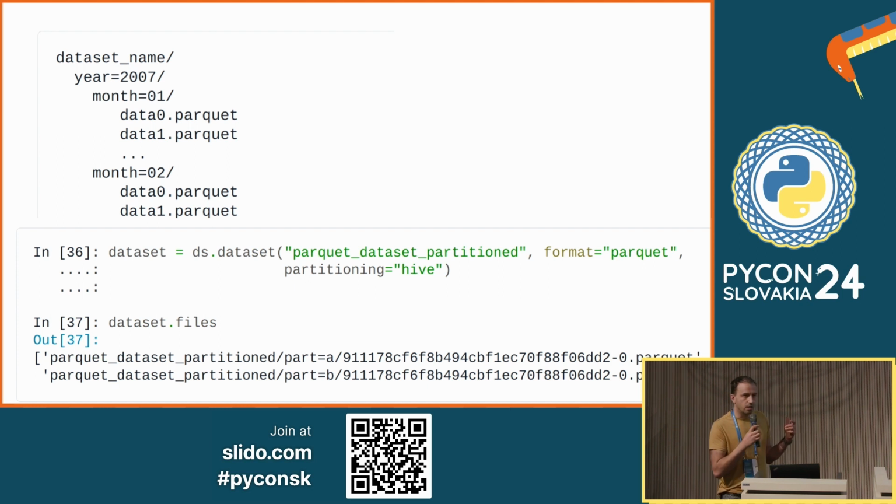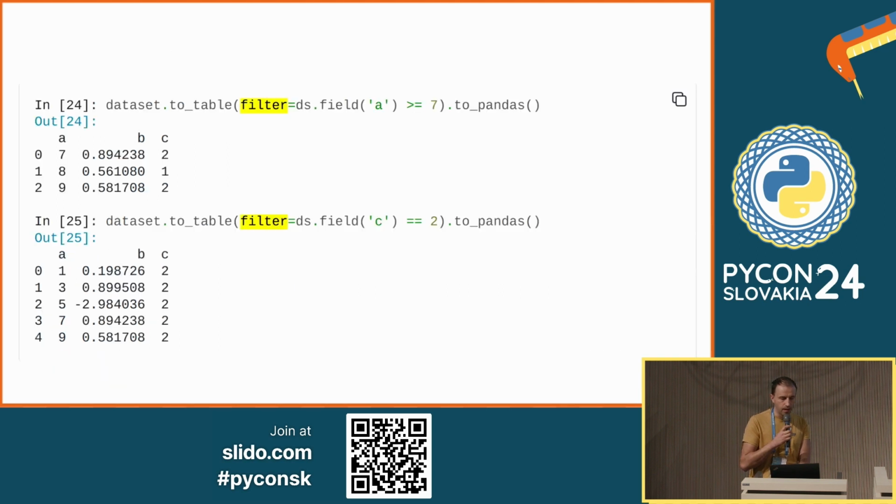Then you can use fsspec to create a virtual file system and put it directly into a dataset for filtering. That way you can filter the data if you have metadata, for example, in a database, and really speed up loading and processing the data.